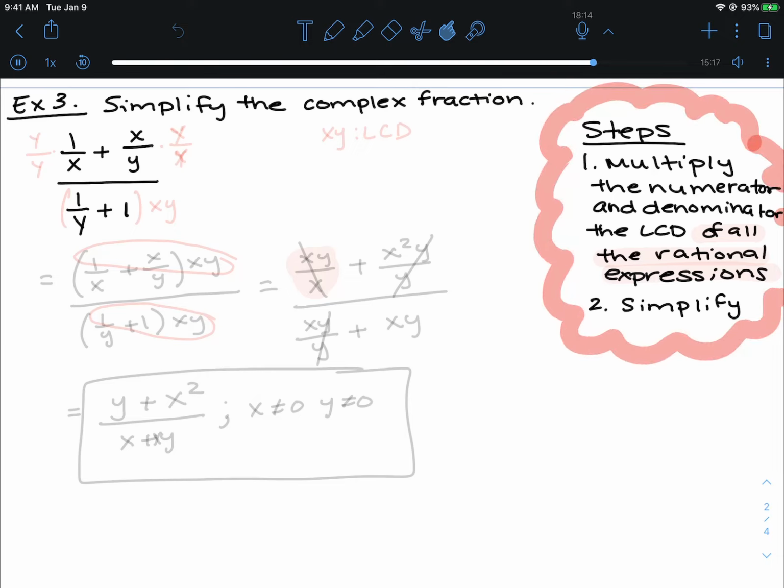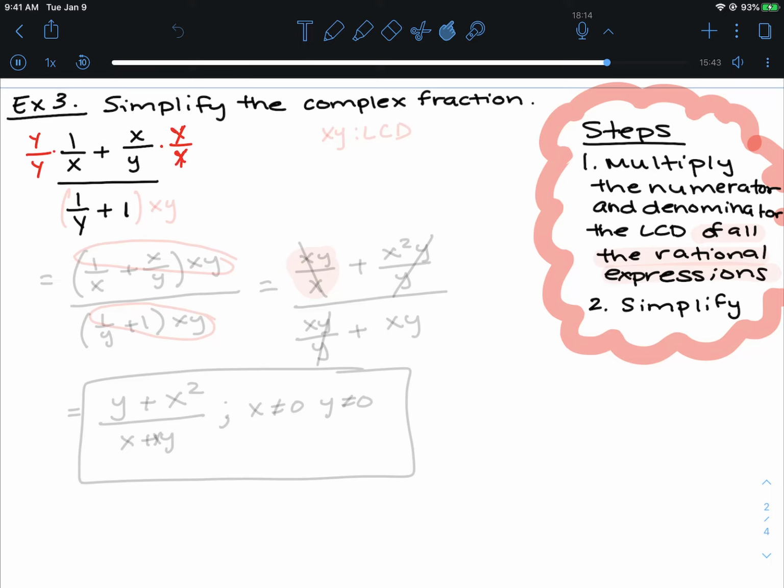We want to find the least common denominator of all of the rational expressions. So that means that if you look at the top, in order for me to add these fractions, I would actually have to multiply times y over here. And what I did to the bottom, I do to the top. Now we have to, I put y, but it should be x here.